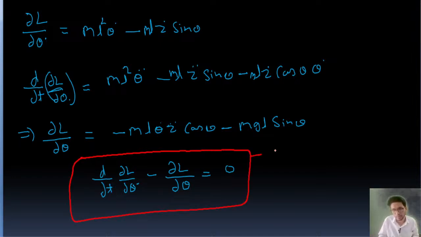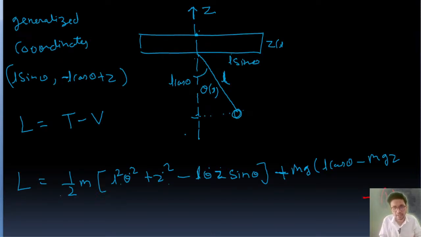This is the equation of motion. Now we'll put these values here, so if you put the values, this value is going to be this one, minus this value right here.